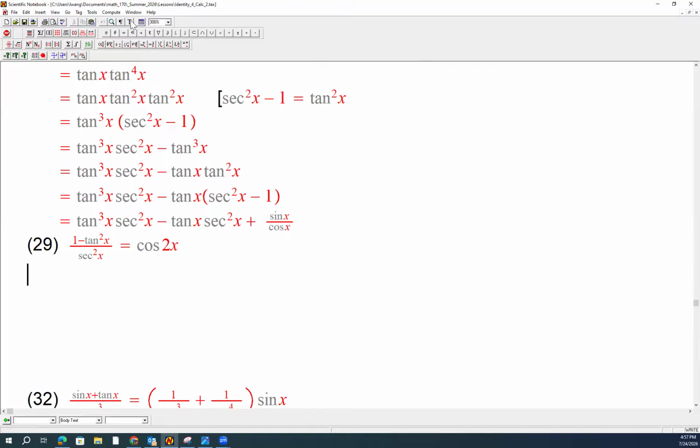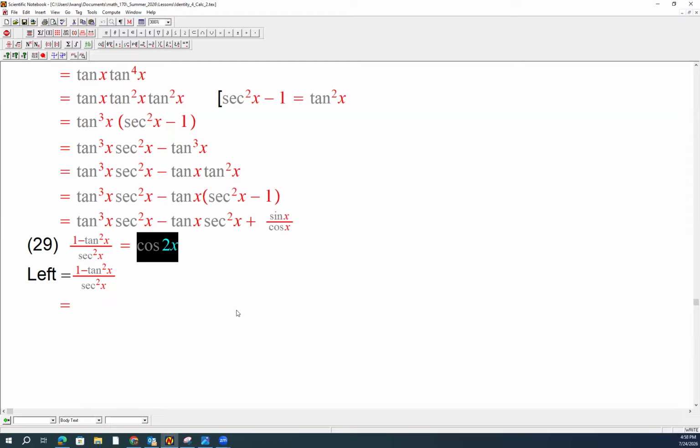Number 29, on the left-hand side equals that. What we're going to do is that it seemed to have some association with cosine 2x, right? So we're going to work towards that direction.